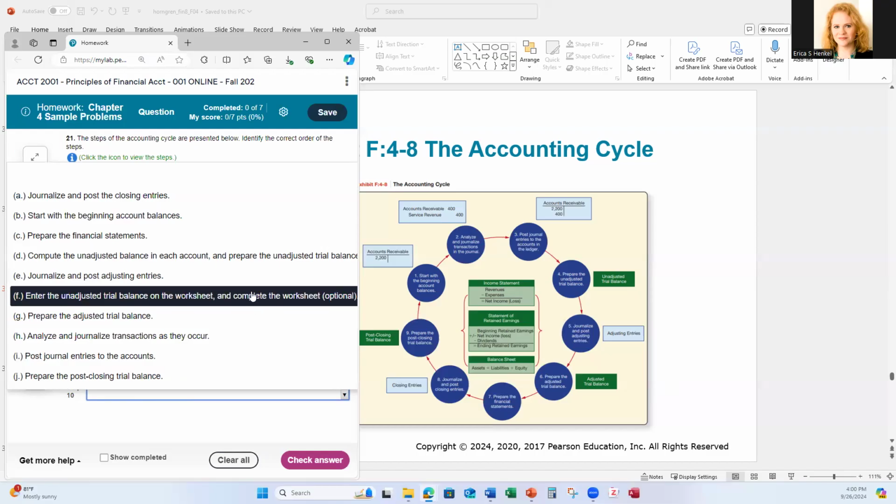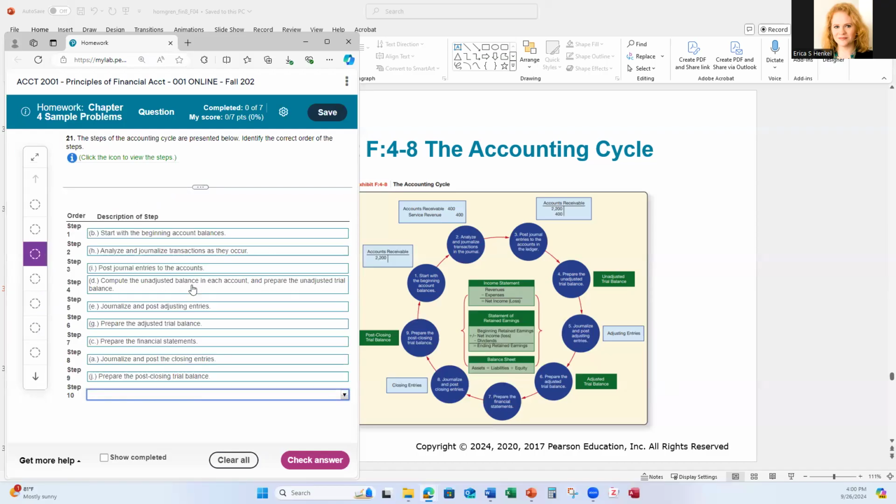Oh, we skipped entering the adjusted trial balance on the worksheet. So hold on a second here. Let's go back here. So computing the unadjusted balance in each account. Next, the optional step, which would have been up here.